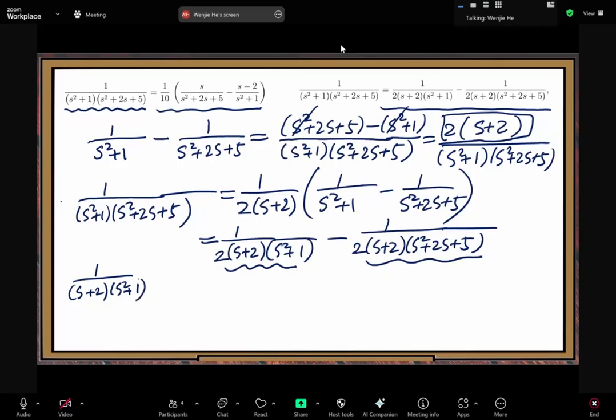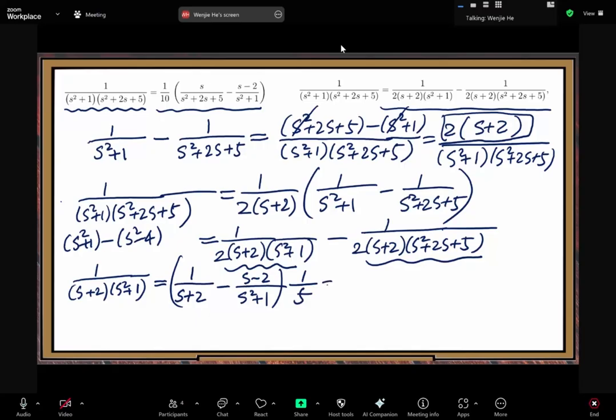S plus 2 squared. Then we use the method we used in the previous slide. S plus, sorry, minus 2, right? Because plus minus. Then multiply by some appropriate fraction. So the numerator s squared plus 1 minus s squared minus 4, so it's 5. Multiply 5.